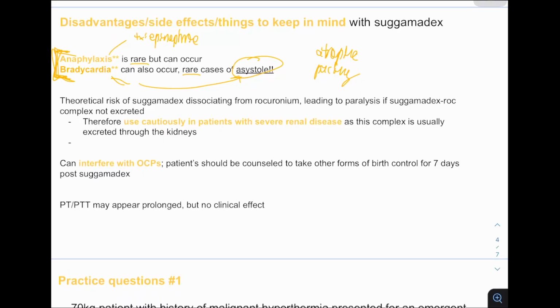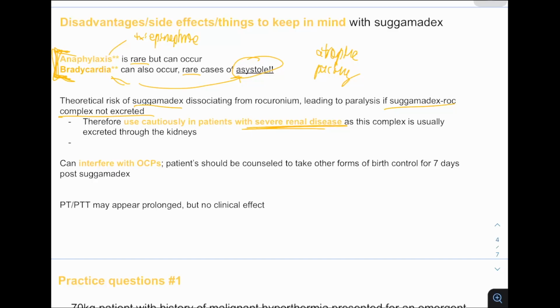Now, there is a theoretical risk of Sugammadex when it's used in patients with severe renal disease. So the way that Sugammadex and rocuronium is excreted is renally. So if a patient has impaired renal function, there is a risk that the Sugammadex rocuronium complex simply is not excreted, and there's now time for that complex to dissociate.